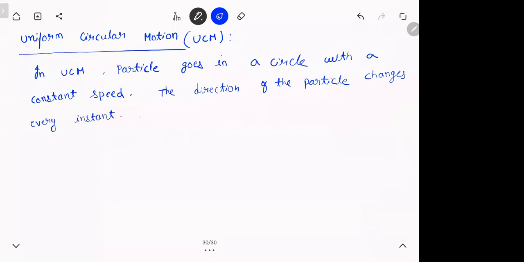So therefore, there is an acceleration, which is always perpendicular and towards the center.